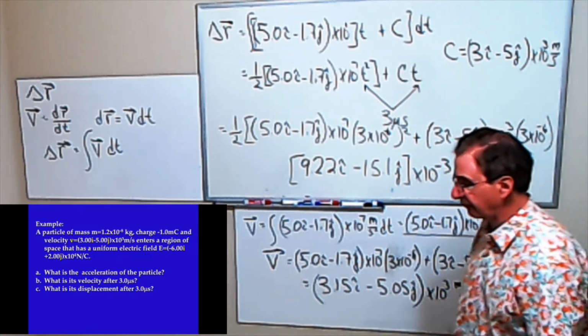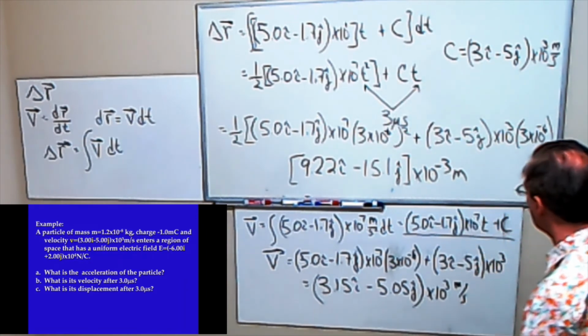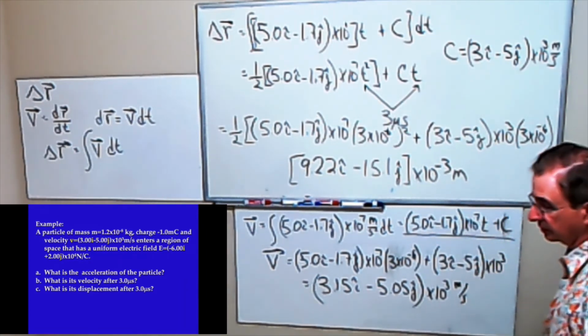9.22 i hat minus 15.1 j hat, the whole thing times 10 to the minus 3 meters.